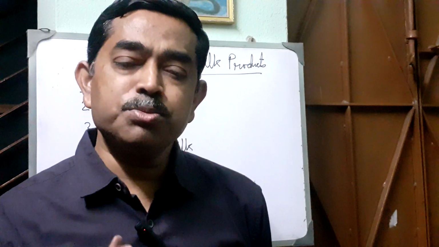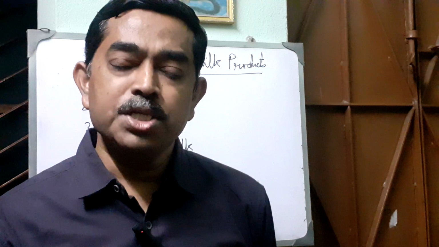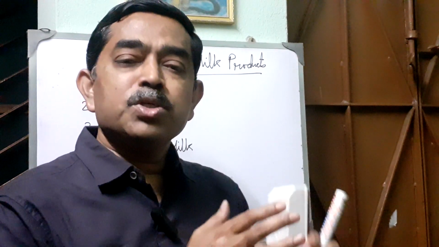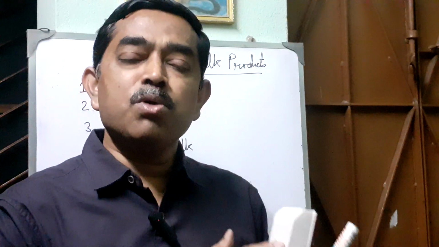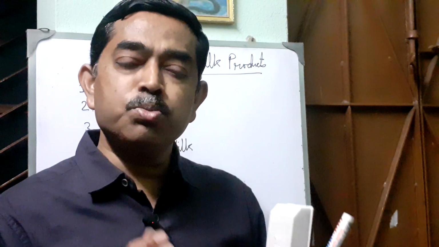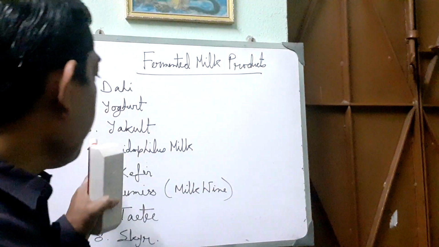Generally the starter cultures are Lactococcus lactis subspecies lactis, Lactococcus lactis subspecies cremoris, Streptococcus thermophilus, Lactobacillus bulgaricus, Lactobacillus plantarum. These spherical, cocci-shaped and rod-shaped lactic acid bacteria are generally used for the production of dahi.